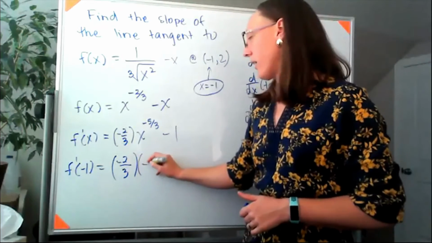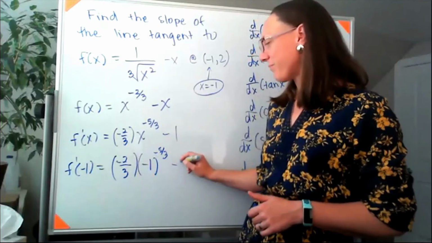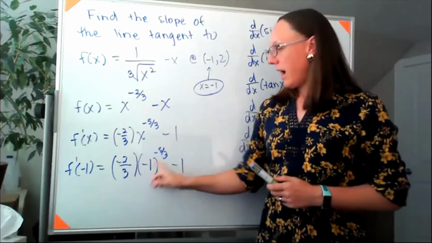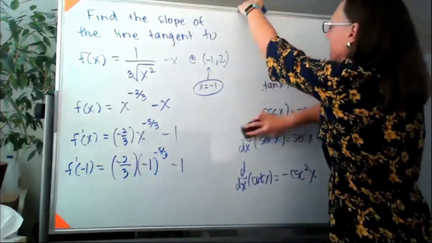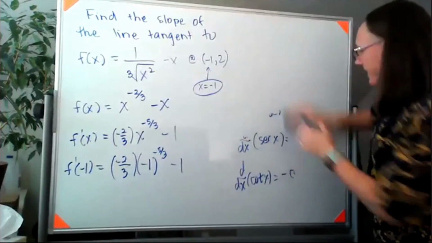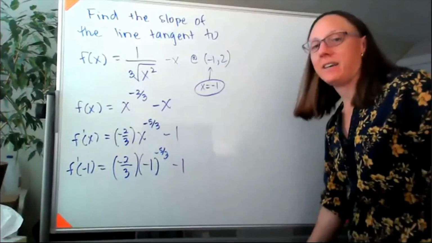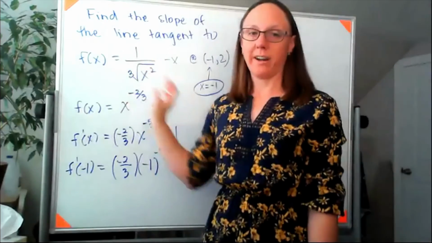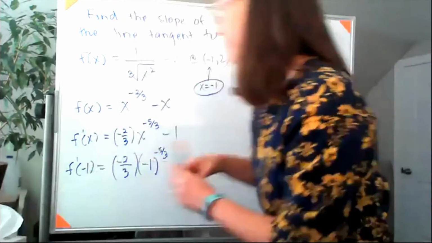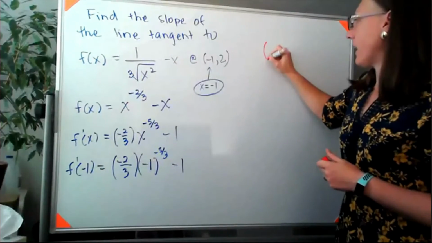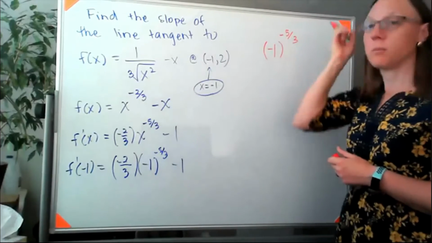So when I put in here negative 1 to the negative 5/3 power, I'm going to treat this as if I've got two separate things going on. I'm basically going to take this back to sort of thinking about it more in this notation. So negative 1, let's see if this shows up okay today. Negative 1 to the negative 5/3 power.